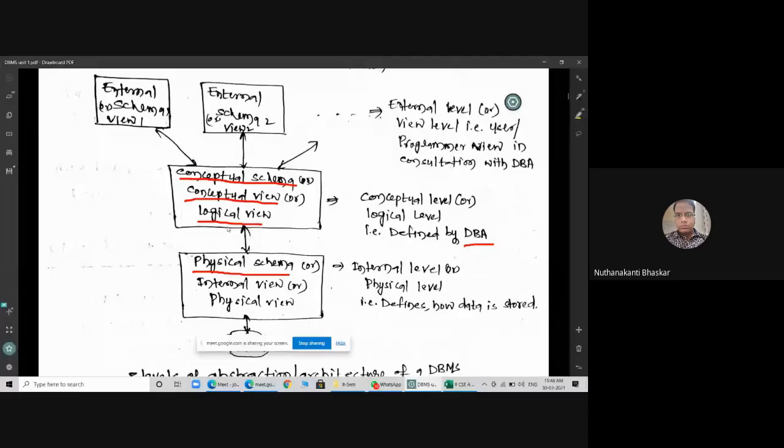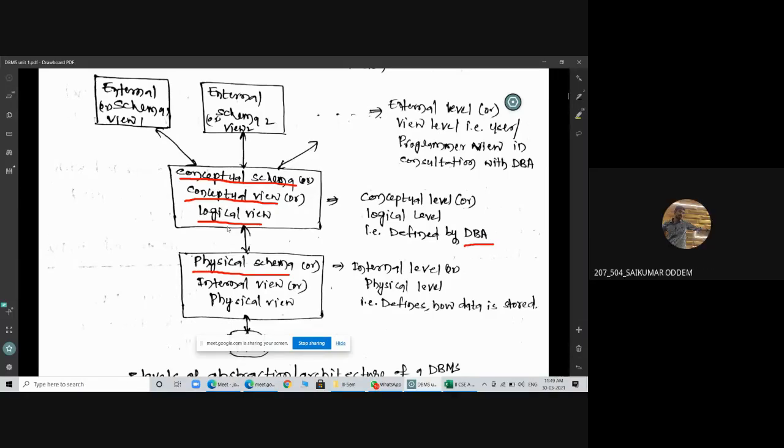If you are not following this schema, these levels of abstraction, your database is going to fail. Any database you design must finally match these three levels: physical level, logical or conceptual level, and the final one is the external level. Now, understood what is physical schema and what is logical schema? Understood, everyone?